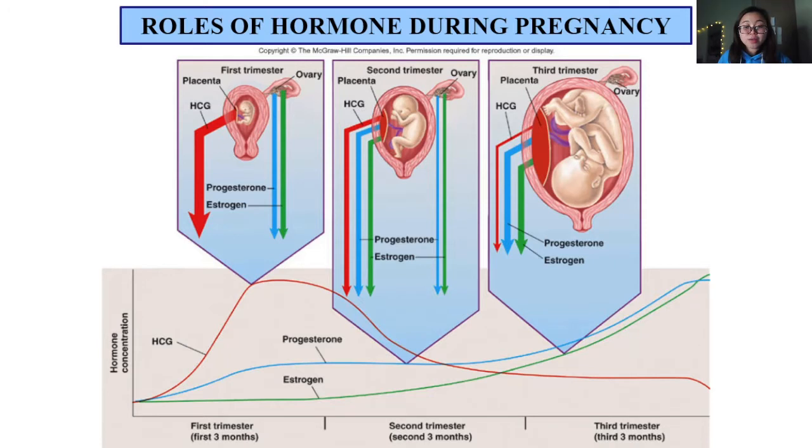The second diagram that we'll look at is this one. It shows the developing embryo inside of the womb, as well as the hormones that are being secreted. And down there, you would see a graph that shows the increasing or decreasing levels of HCG, progesterone, or estrogen at different points of the pregnancy.